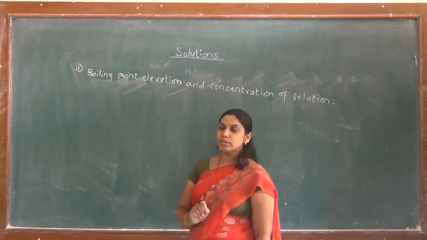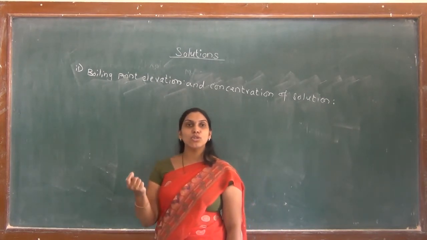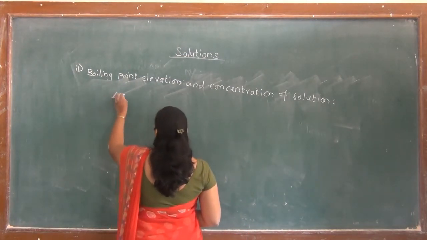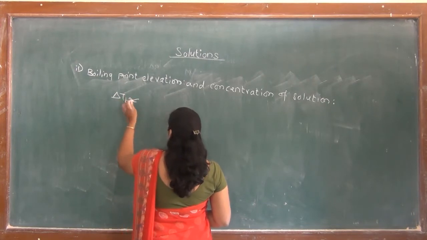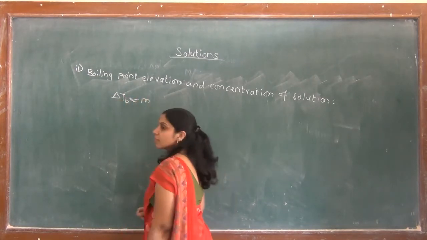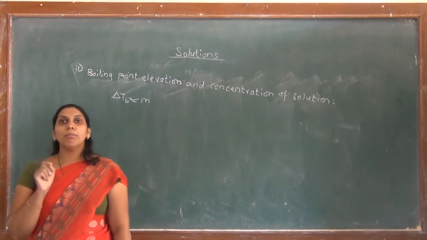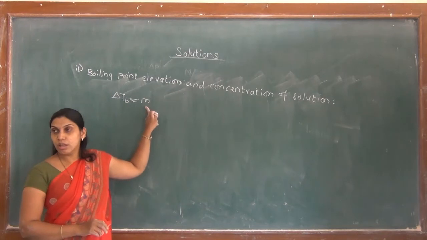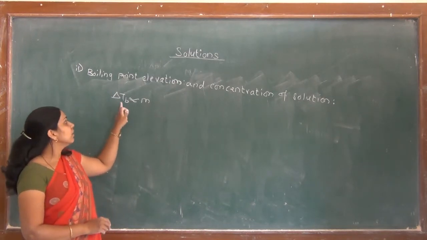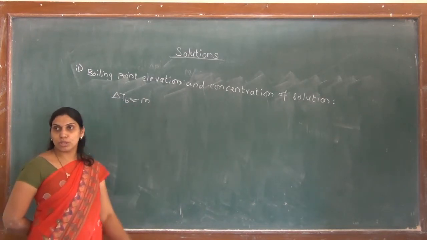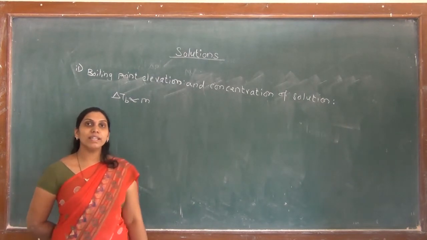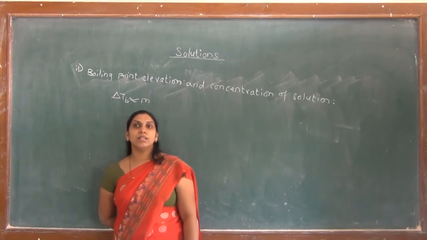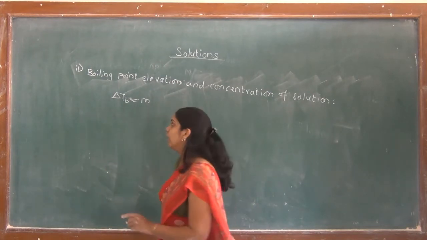Boiling point elevation is directly proportional to the molality of the solution. So we can represent it as delta Tb directly proportional to m. By removing the proportionality sign, what we get is delta Tb is equal to Kb into m.